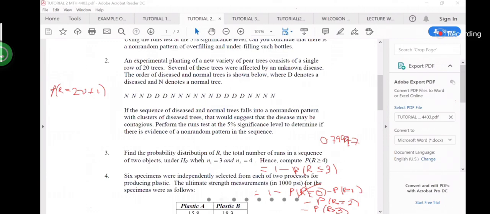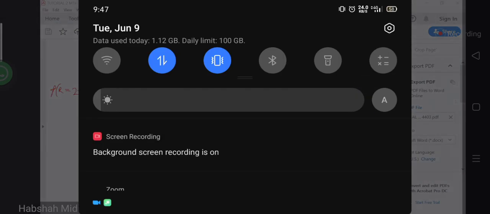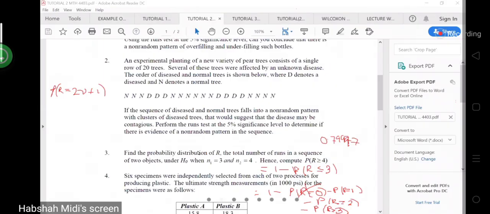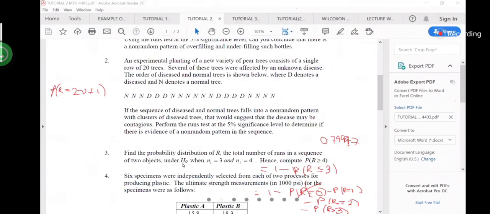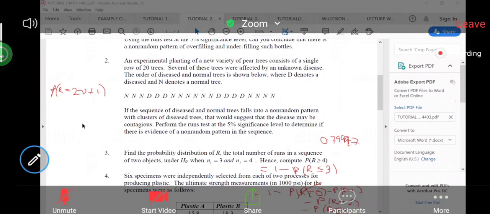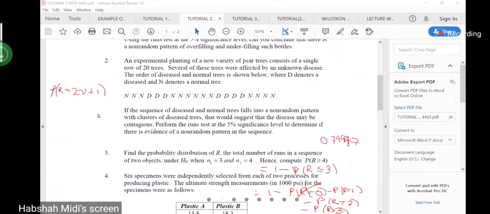Combination of 2 take mu. What is mu? 0, right? Combination of 2 take 0, multiplied by combination of 3 take mu, where mu is 0, so 0 minus 1 is minus 1. Combination of 3 take negative 1 will be 0.